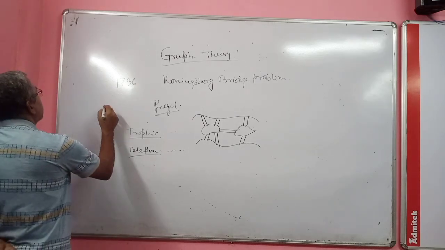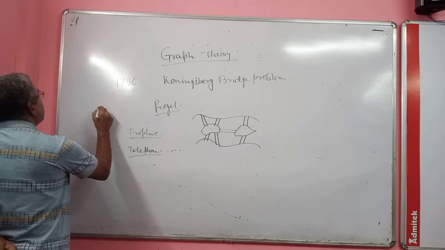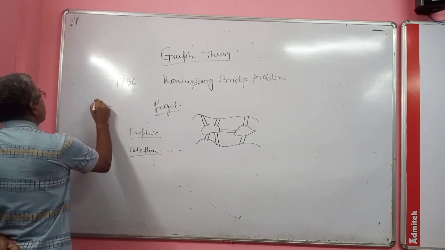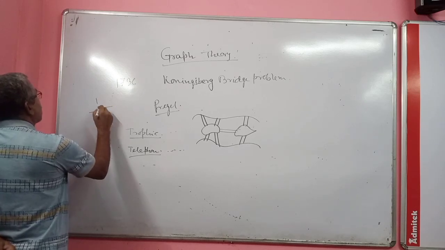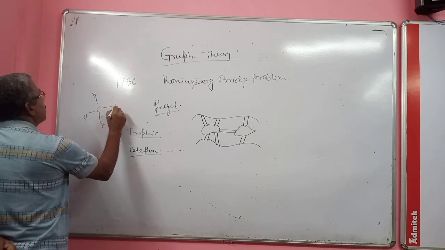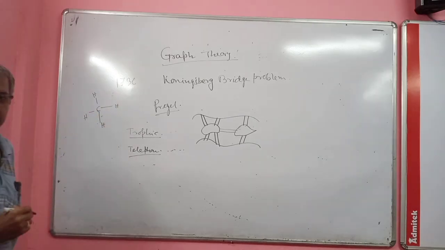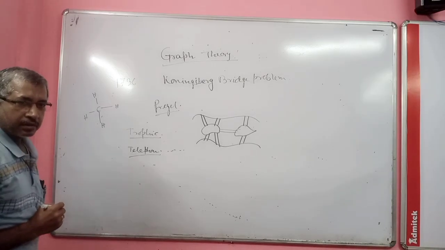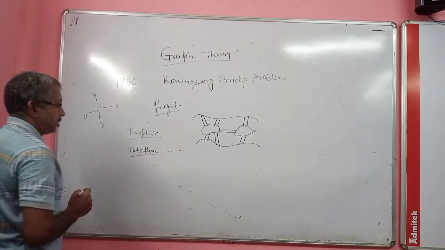Suppose that in organic chemistry, this is carbon, this is hydrogen. What is it? Methane.